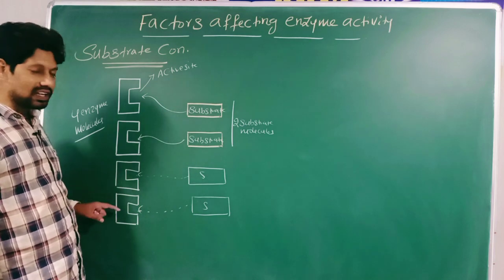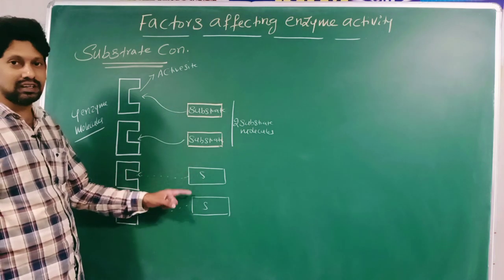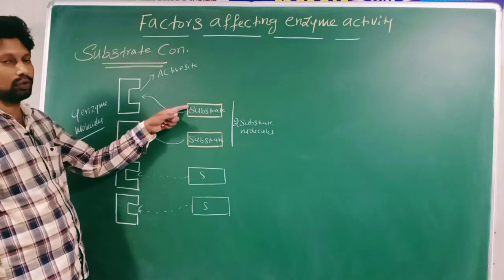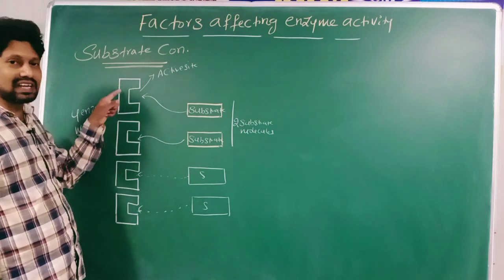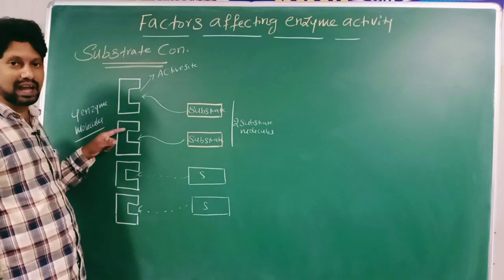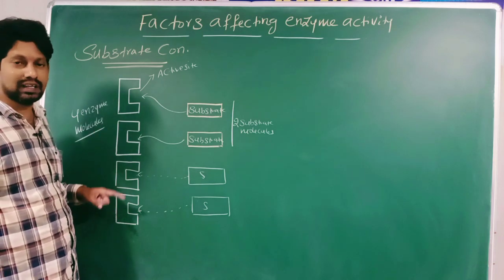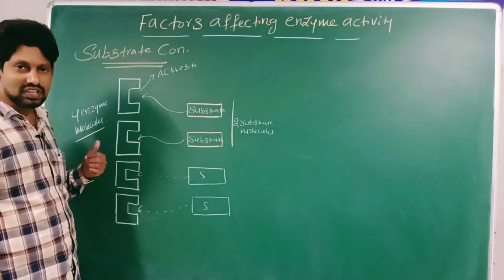Some enzyme molecules are free. Initially only 2 enzyme molecules participated in the reaction, but now 4 are participating. So the rate of the reaction increases. Is this statement okay?